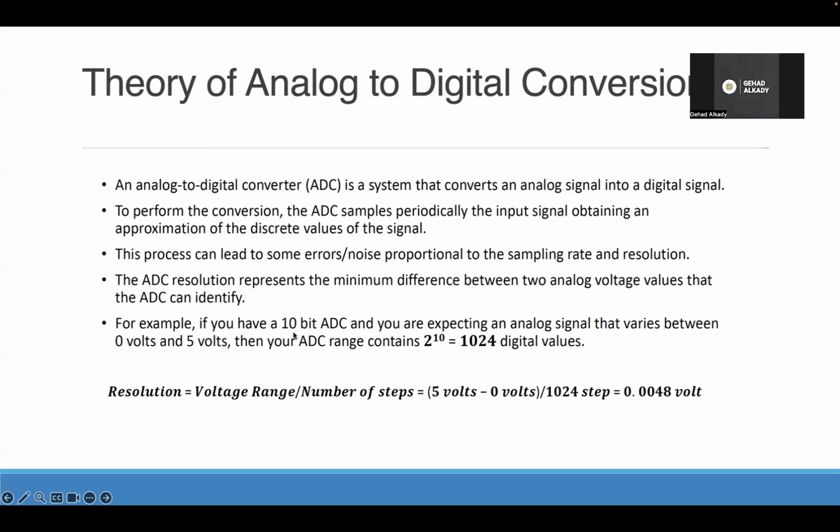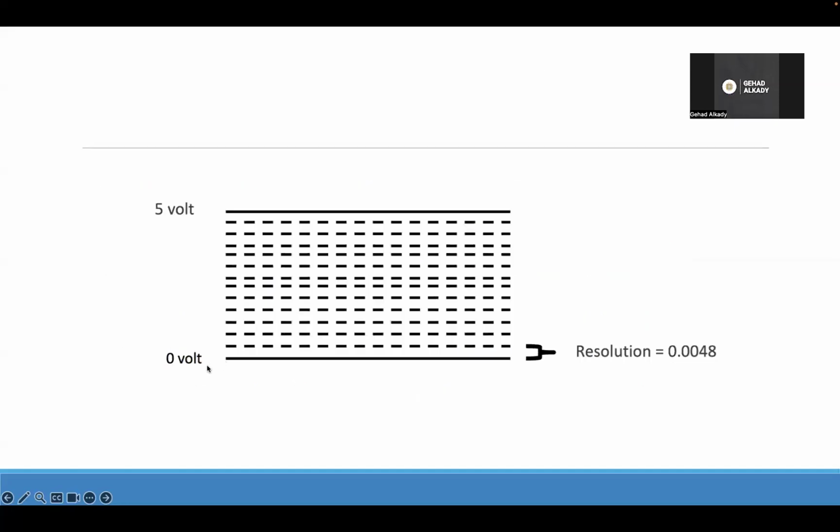For example, if we have a 10-bit ADC, like our ADC on the ATmega32, we are expecting that the analog signal will vary from 0 volt to 5 volt.